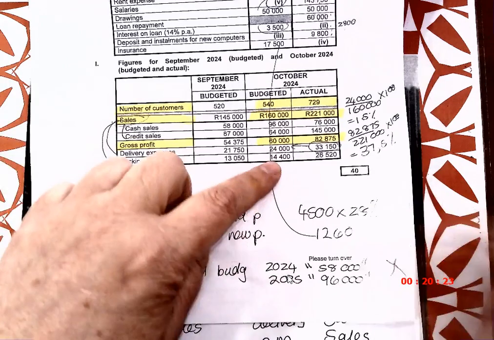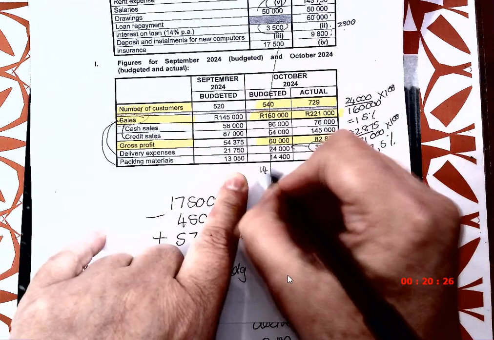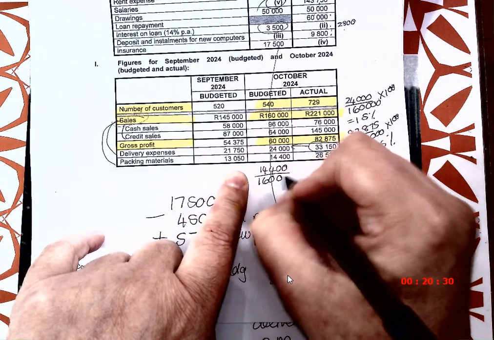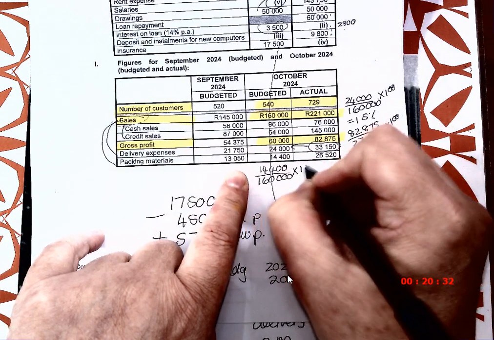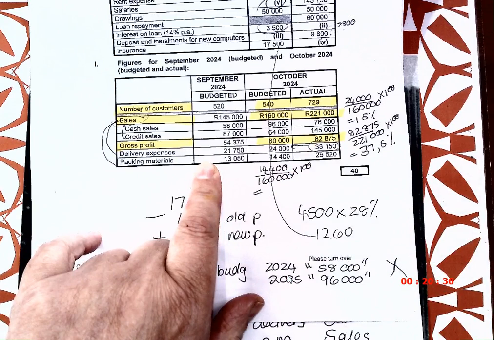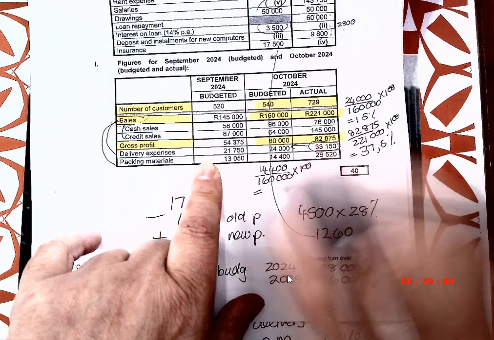Now let's do the same with packing material. Packing material, 14.4 over 160 times 100 gives me what? 9.